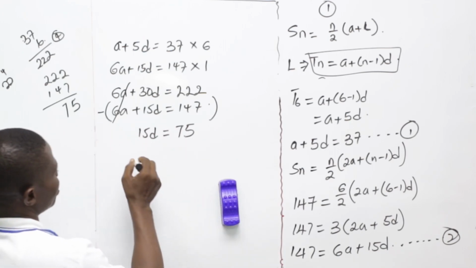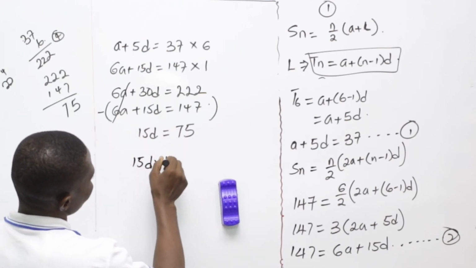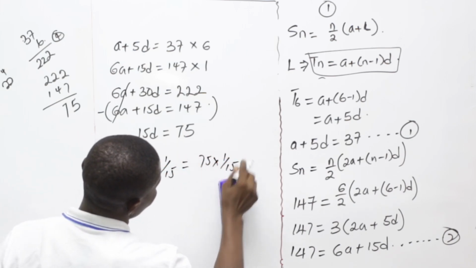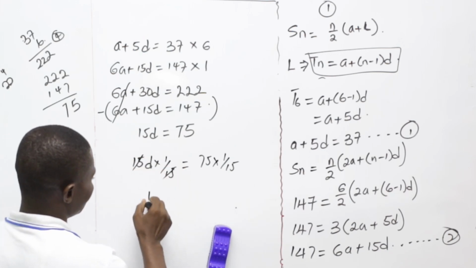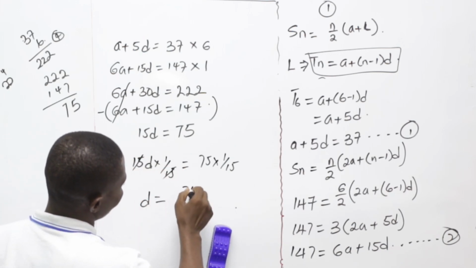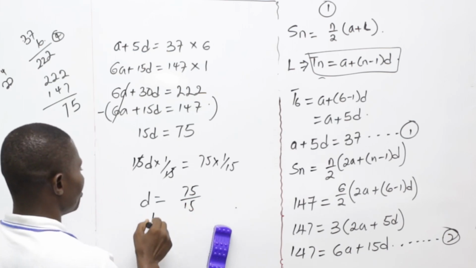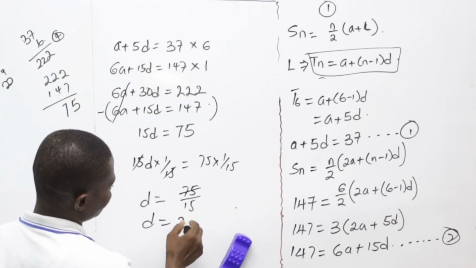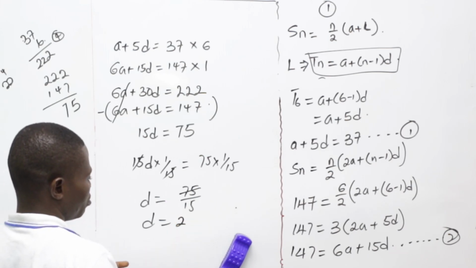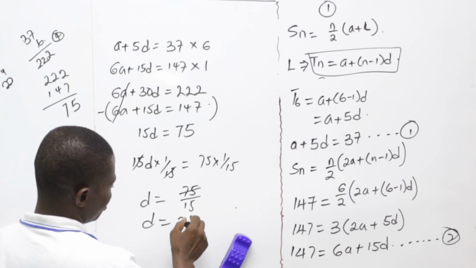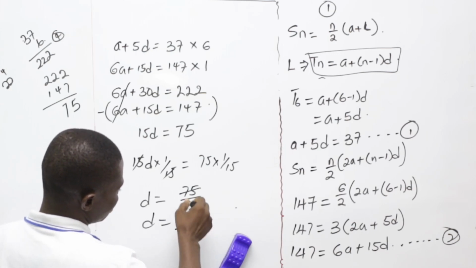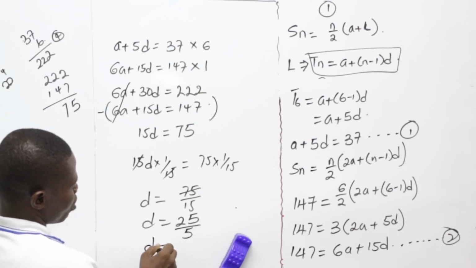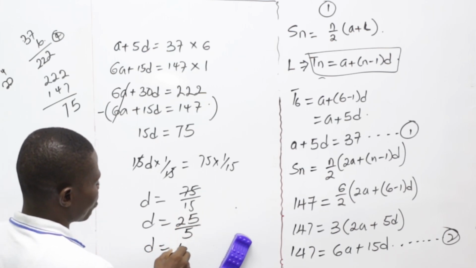So I can simply say that 15d multiplied by 1 over 15 equals 75 multiplied by 1 over 15. So here d equals 75 over 15. 3 in 7 is 2, remainder 1. 3 in 15 is 5. Then 3 in 15 is also 5. Then the common difference, 25 divided by 5, equals 5.